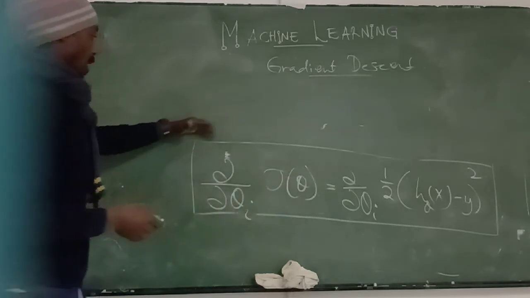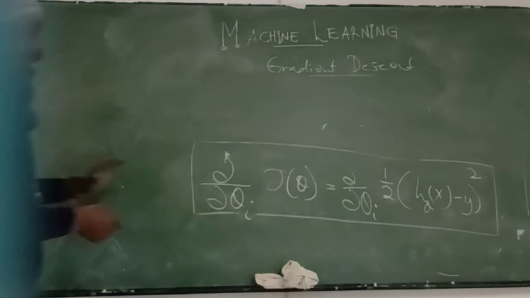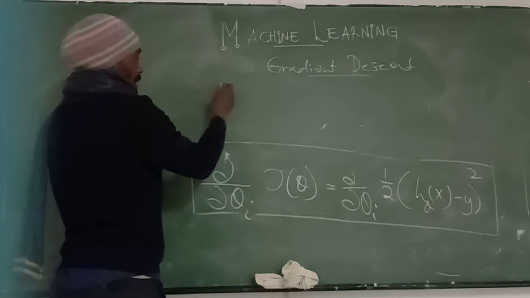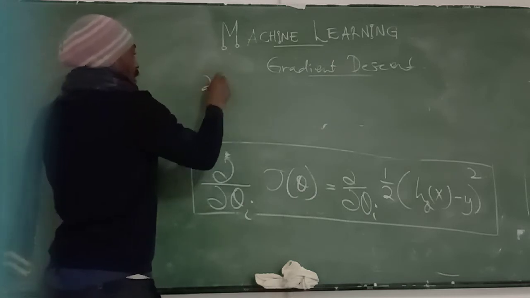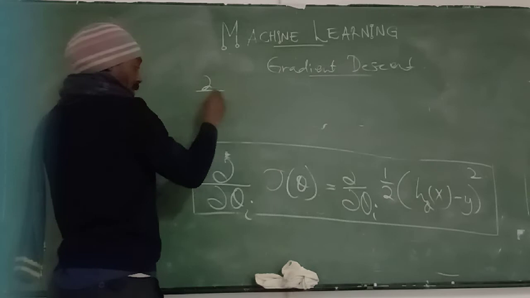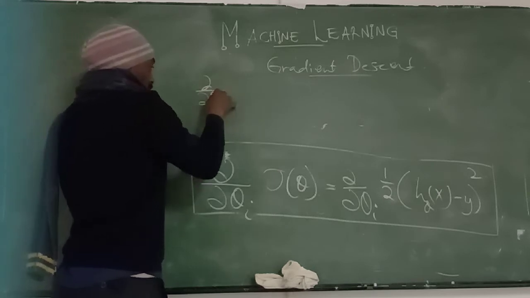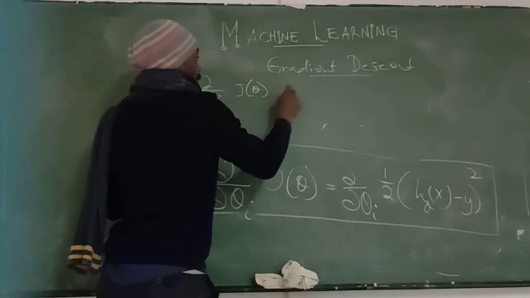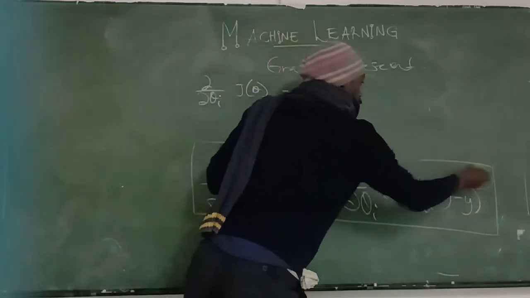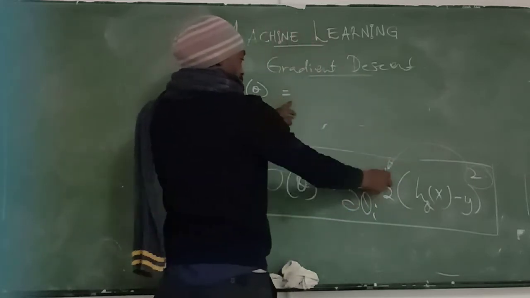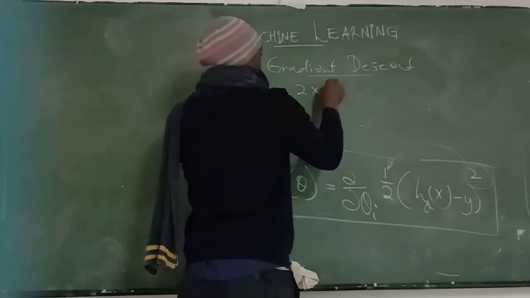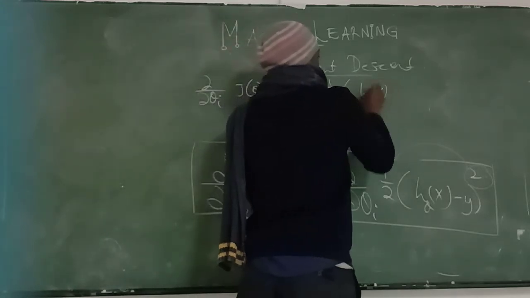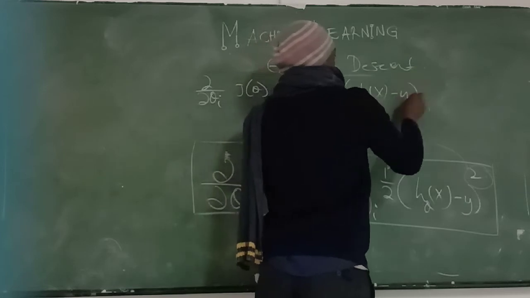Now if we perform the operation on the right hand side, the partial derivative of J of theta with respect to theta i would be equal to: we take the 2 and bring it to the front. It will be 2 multiplied by a half, into the estimated price minus the actual price.